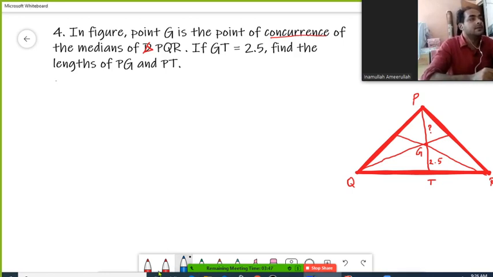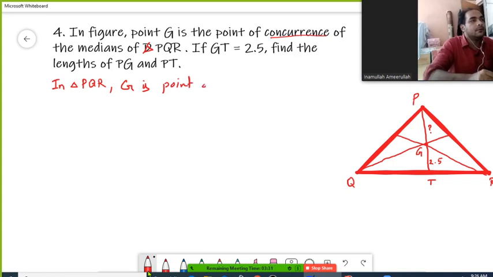since G is the point of concurrence, so we can say in triangle PQR, G is the point of concurrence, means centroid. G is the centroid, which is the point of concurrence.